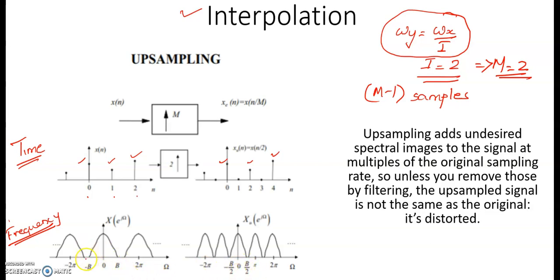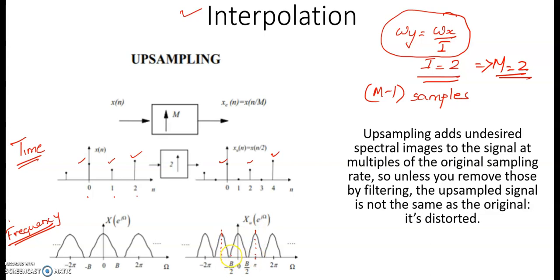So if you look over here, this signal is being compressed. The span which was available from minus B to B becomes minus B by 2 to plus B by 2. As a result, if we keep on considering the span of minus B to plus B, we can see that we get an alternate copy of this original signal in this span too.